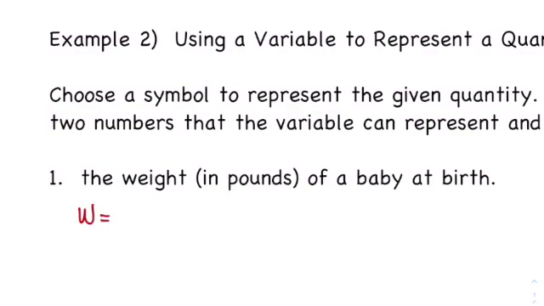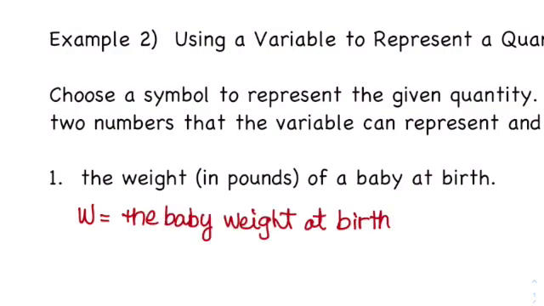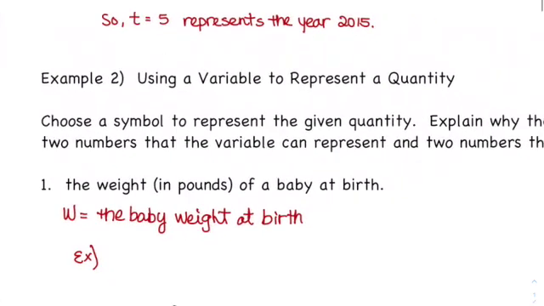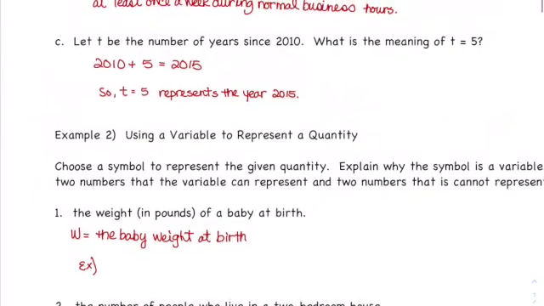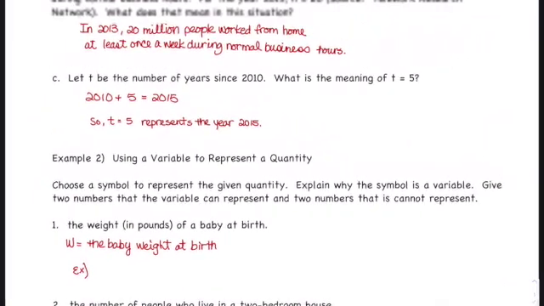So I'm going to say W is equal to the weight at birth. There are a couple of ways you can represent it: W equals the baby weight at birth, or birth weight of a baby. Now, they want you to give 2 numbers that work and 2 numbers that cannot be represented.